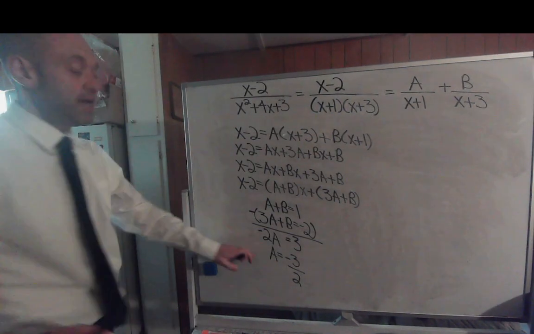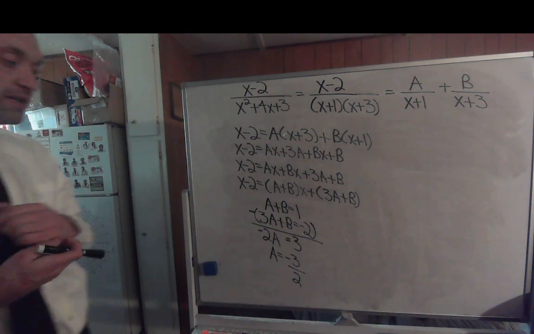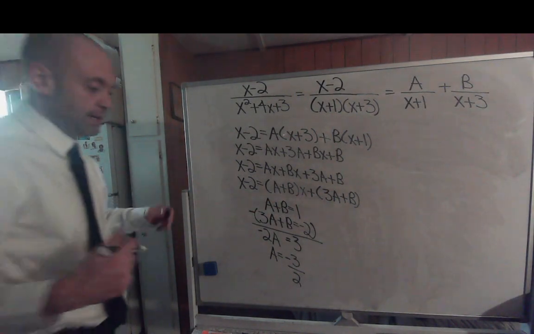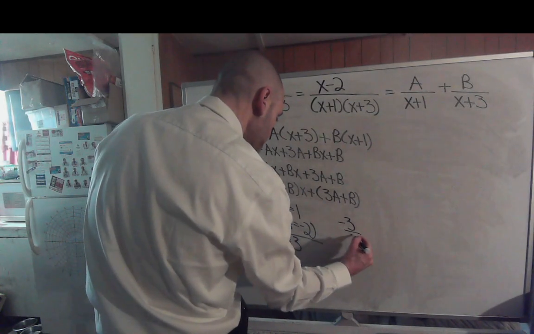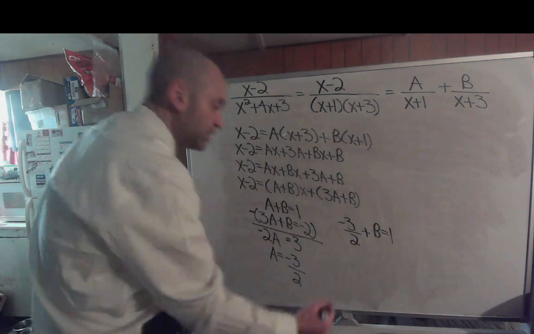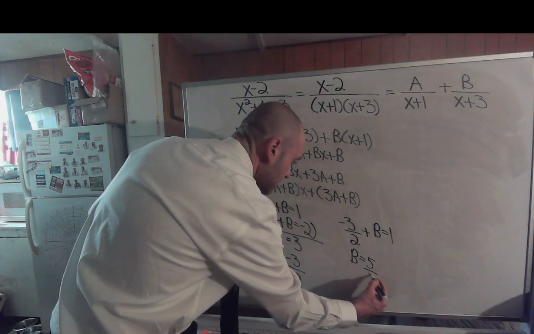So we found A. Now what about B? That's going to be easy enough. If we just substitute that into one of these two equations, we can find B. So negative 3 halves plus B equals 1, which means B would have to equal 5 halves.